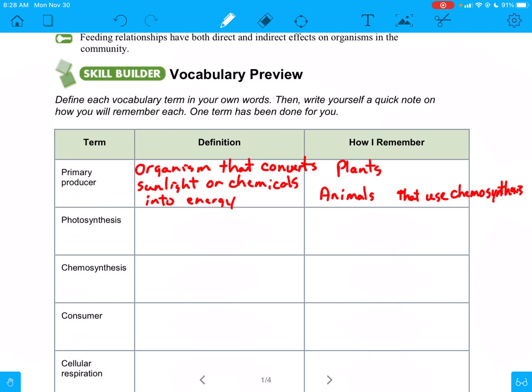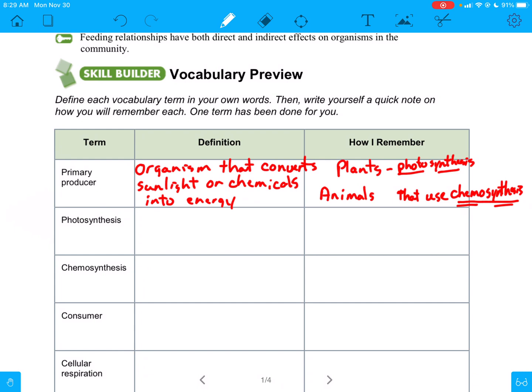They live in places where the sun never shines. And so instead of using photosynthesis, they use chemosynthesis. And then, of course, plants use what we call photosynthesis. Photosynthesis basically is taking sunlight and turning it into energy. Chemosynthesis is taking chemicals that are in the water or in the caves or wherever they are and turning them into energy. So basically a producer is an organism that converts sunlight or chemicals into energy.